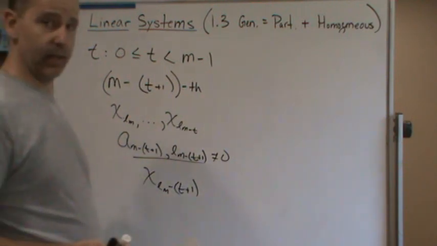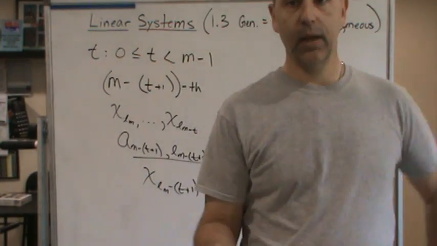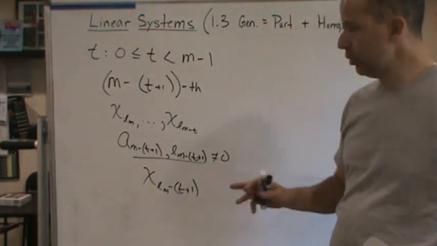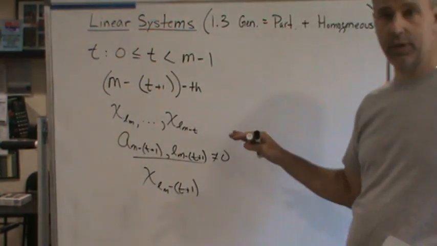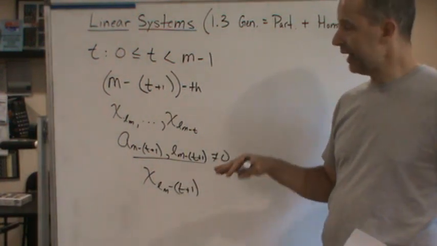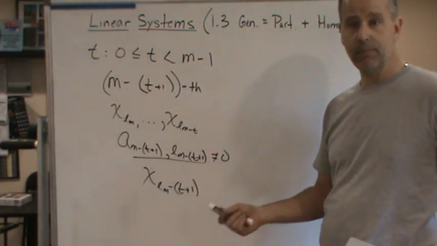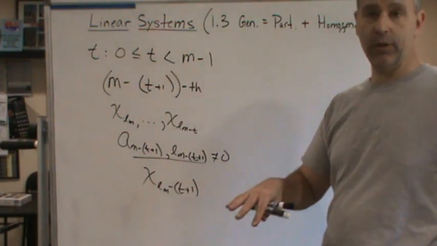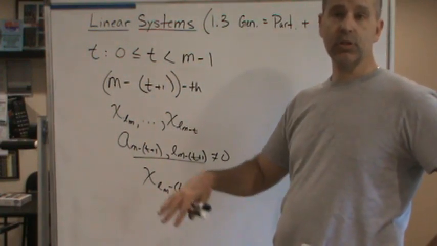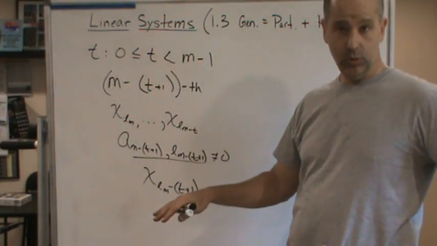So what we've done is we did it for a base step, right, which was we showed that it works for the bottommost equation. Then we assumed that this also applies to all of the equations for the bottommost t rows, right?